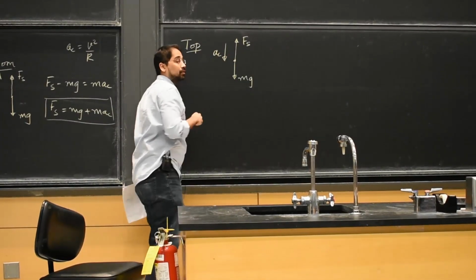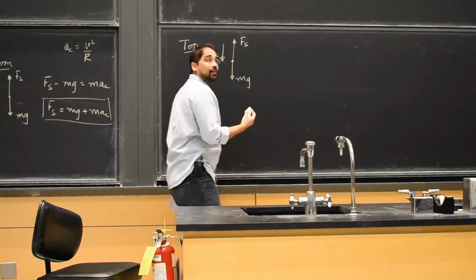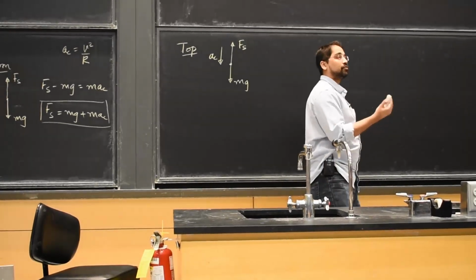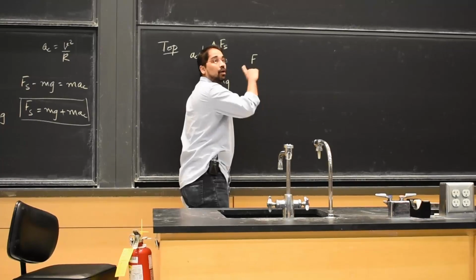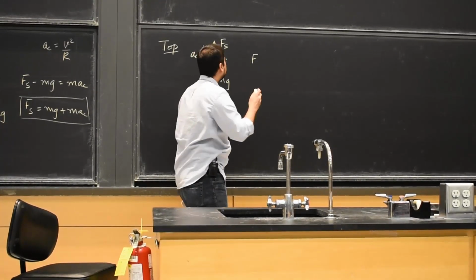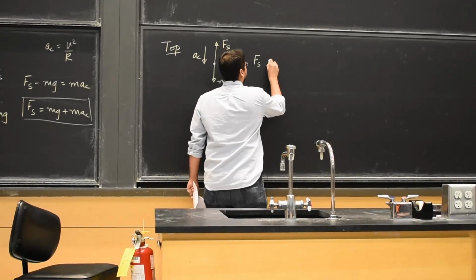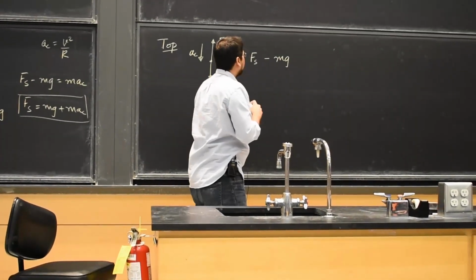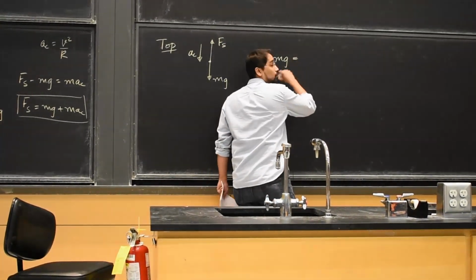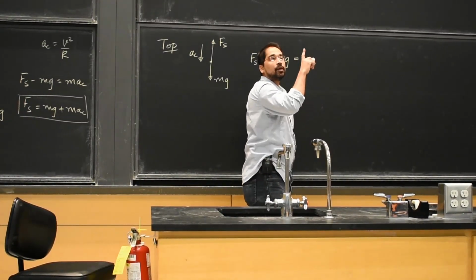So this is AC. Now if I write Newton's laws for this particular situation, again assuming that all the vectors pointing upwards are positive, I would have Fs minus mg, and this must be equal to, does AC point upwards or downwards?